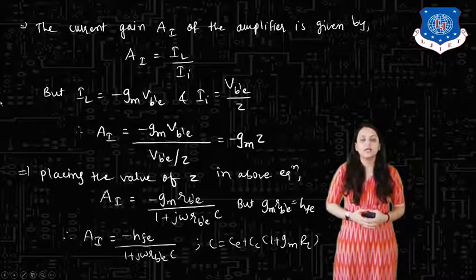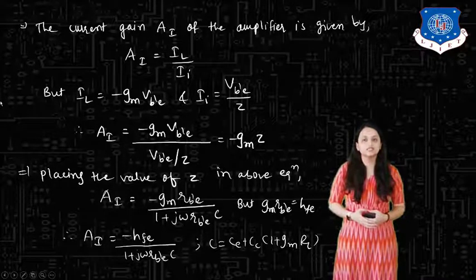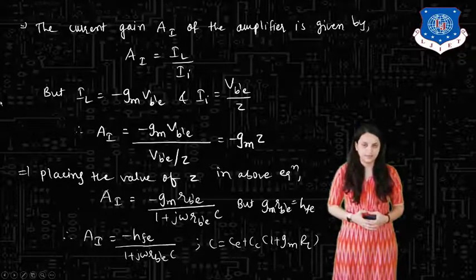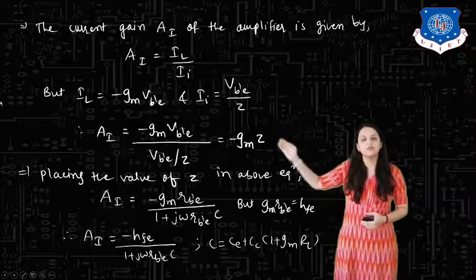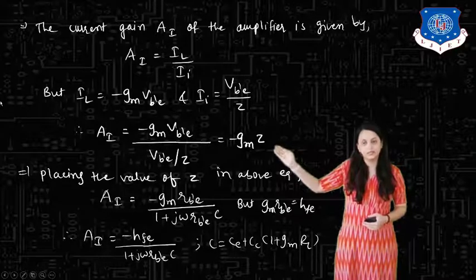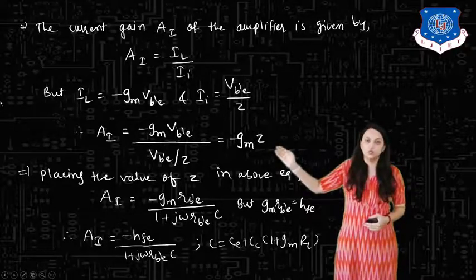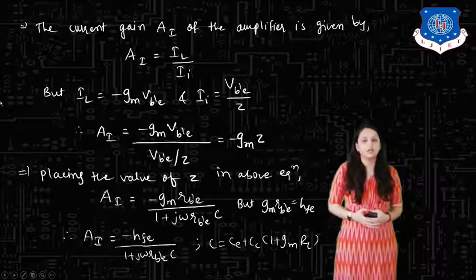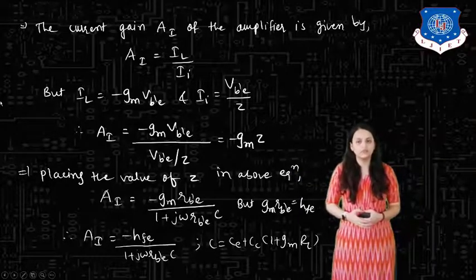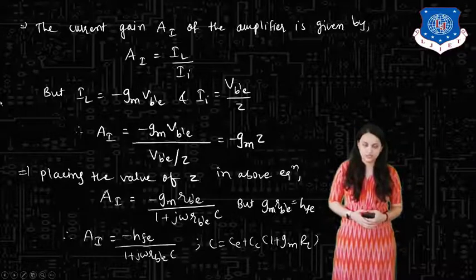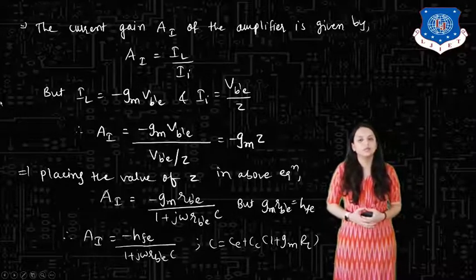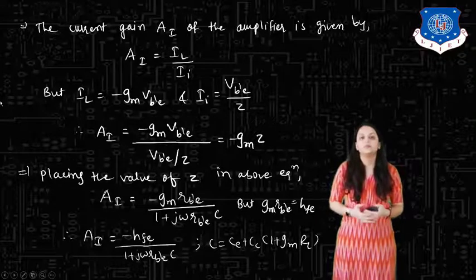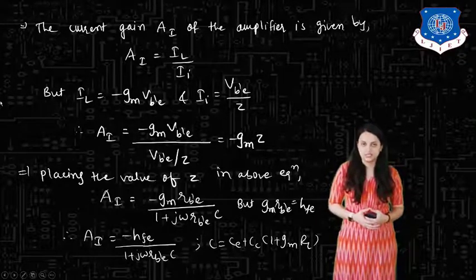Here we place IL equals minus gm Vb'e, and Ii equals Vb'e by Z. By placing these values we get the current gain equal to minus gm into Z. Placing this value of Z in the above equation, we get Ai equals minus gm r_b'e divided by 1 plus j omega r_b'e into C, but gm r_b'e equals hfe.